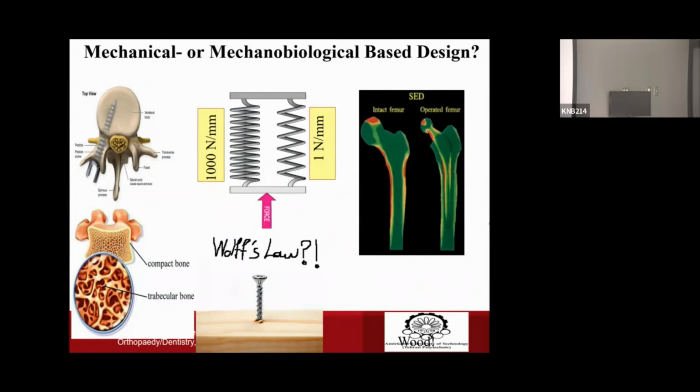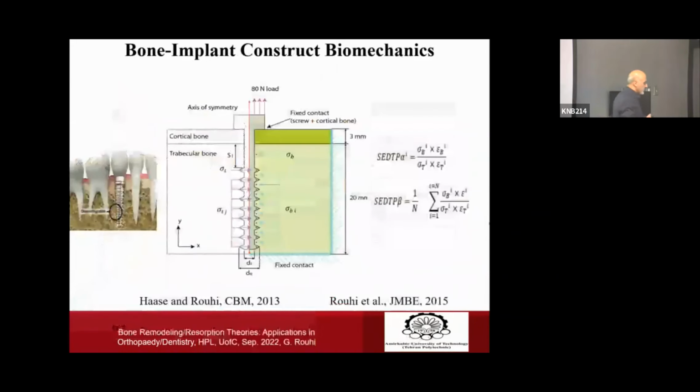Since they are parallel, the deformation of this one would be the same as the other. So the force transferred by this one would be 1,000 times that of the other. So you can imagine that we are actually shielding the neighboring bone from the mechanical stress. Our bones need to be under stress. So this is a problem in orthopedic as well as dental implants.